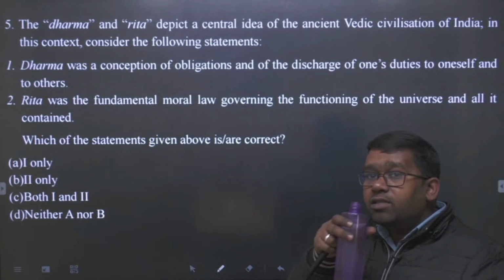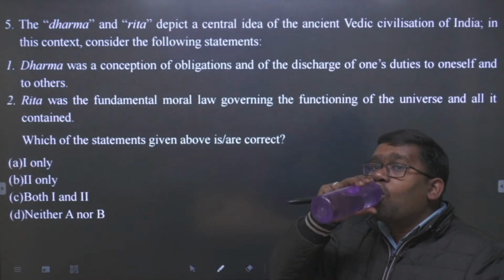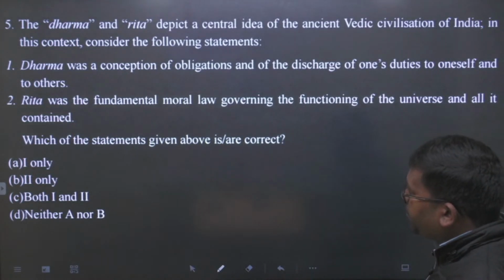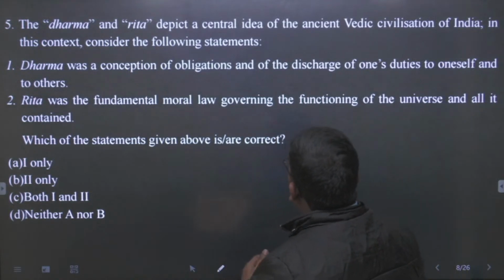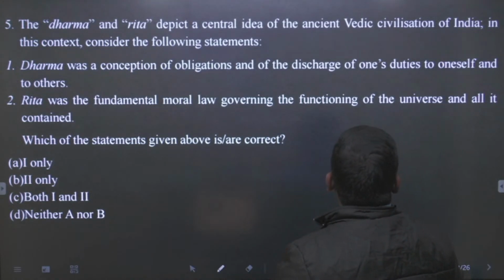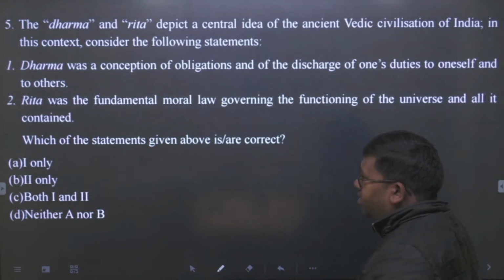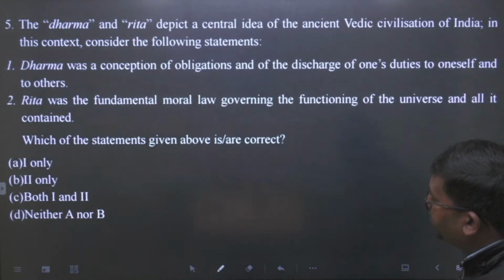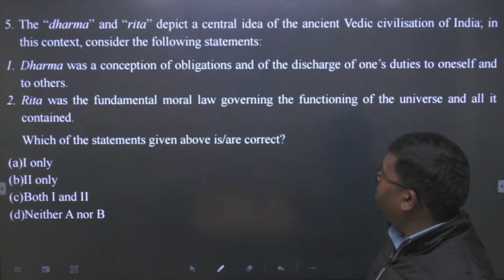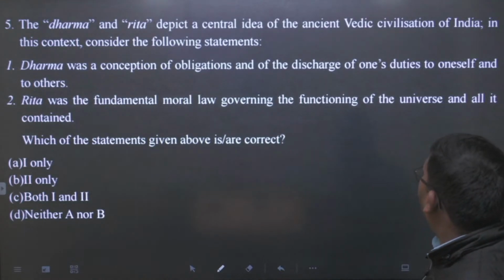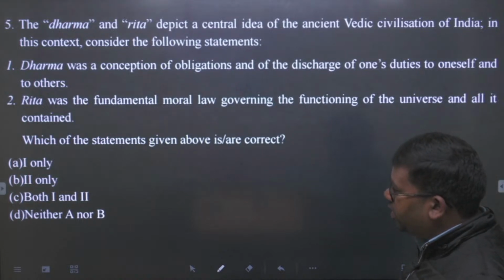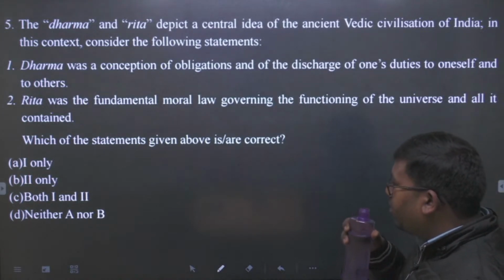Okay, तो क्या हमारा answer होगा, देखिए, dharma was the conception of obligations and of the discharge of one's duties to oneself and others. It is true, dharma is the same conception. So statement 1 will be true.